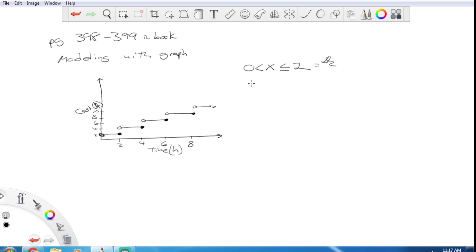Right? Anywhere greater than 2 but less than 4, it's going to cost $4. And you'll note that it will never cost you $3 to park here. There's no way this line is going to cross the 3 mark. It's just not part of the pay scale.